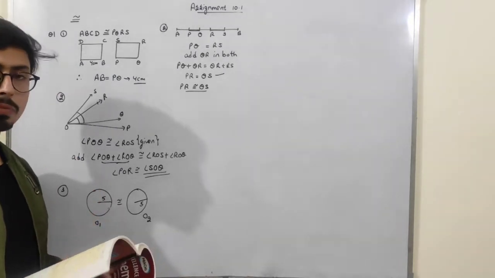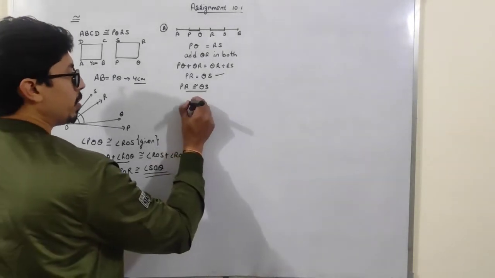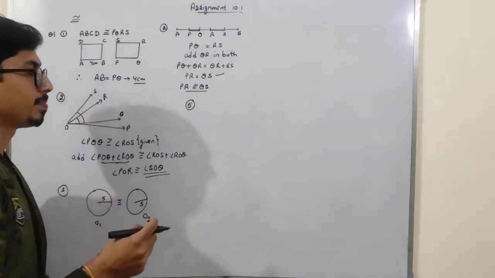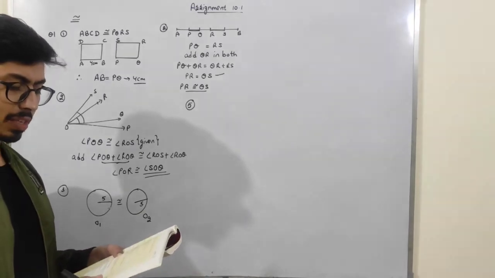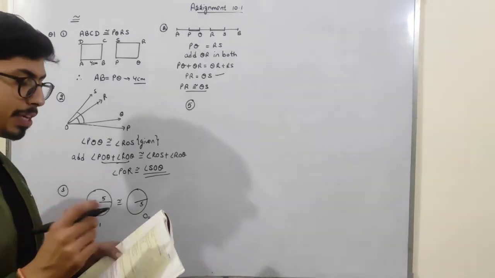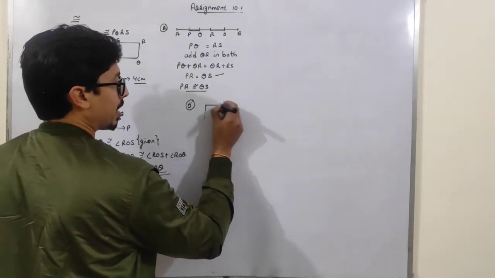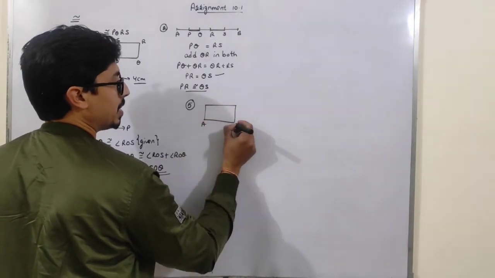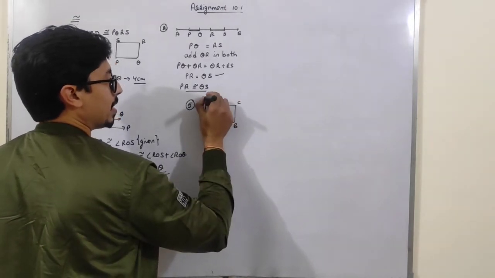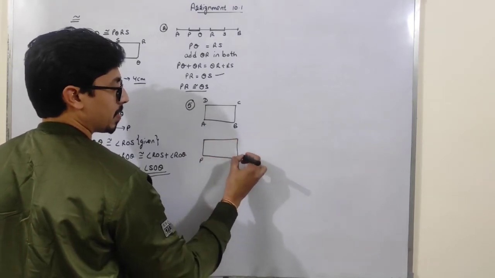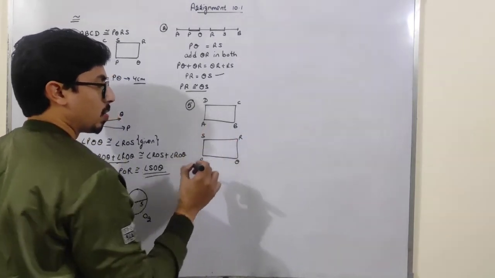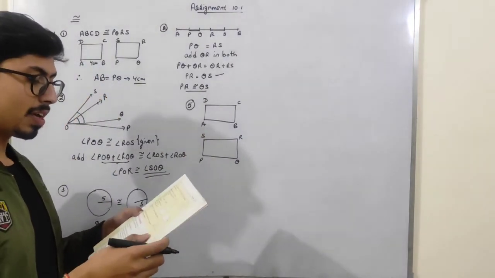Now I'm going to discuss question number 5th with you, students. Now see what is question number 5th. See, both two rectangles are given. First is ABCD, second is PQRS. Okay, these are the two rectangles.